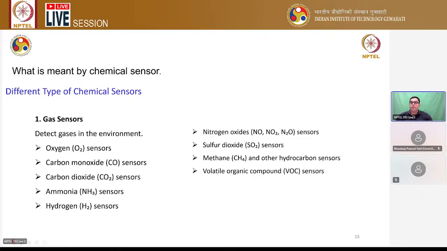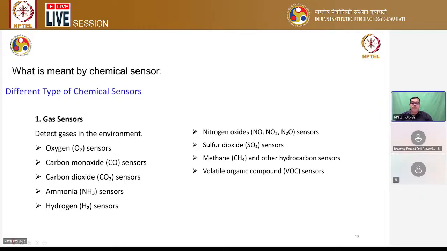If you talk about a vapor-based chemical sensor, the most beautiful example can be a gas sensor, which detects gases in the environment. So a gas sensor is a typical example of a chemical sensor. Although oxygen is not a reactive species, in ambient it is just available.